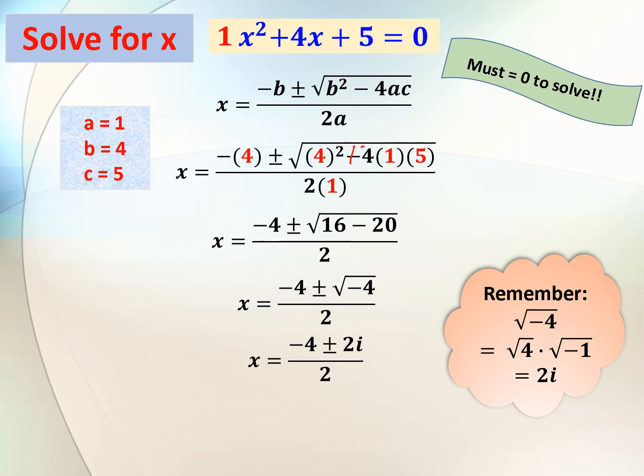Now, if we look at our numbers, negative 4, 2, and 2, they are all divisible by 2. So negative 4 divided by 2 is negative 2. 2 divided by 2 is 1. And then over 2, 2 over 2 is 1. So that makes my solution x equals negative 2 plus or minus i.